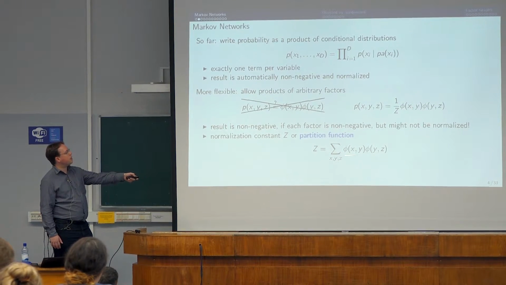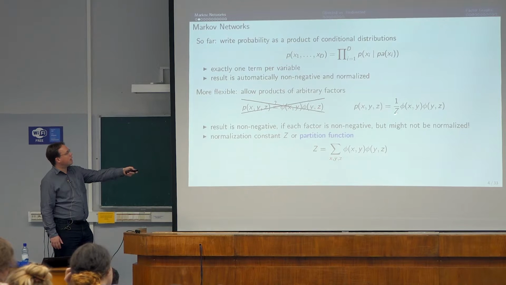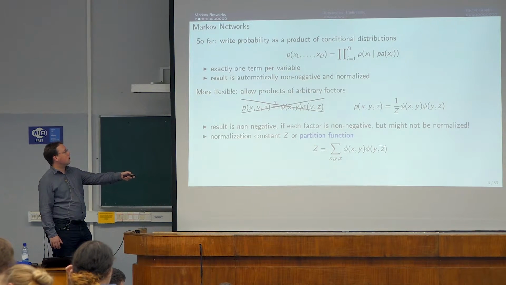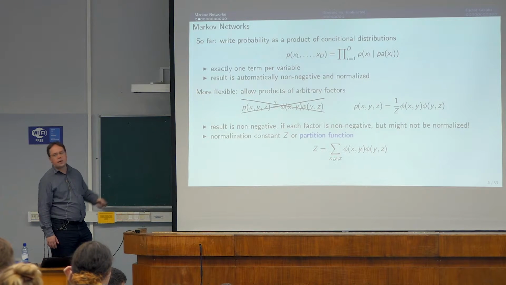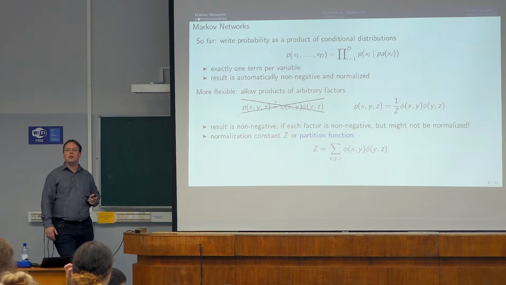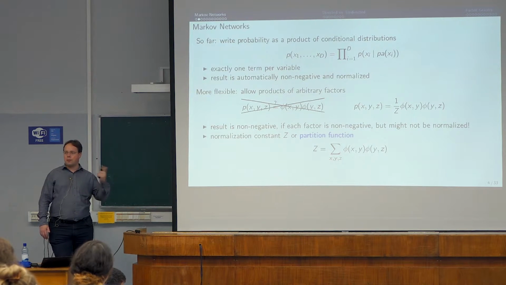If it sums up to a different number, we just divide by that number. So the sum over all configurations of the function we want to use will automatically be the normalizing constant. And then no matter what we put in for the individual phi's, the result will be something we can interpret as a probability distribution. It will be non-negative and it will sum up to 1.